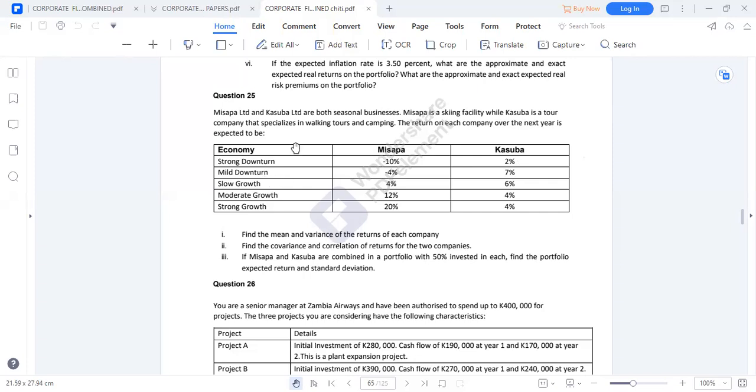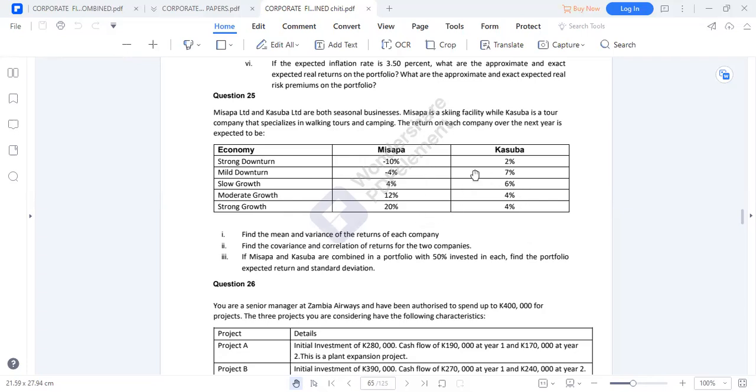Given a state of nature or the state of the economy: strong, mild, slow, moderate, and strong growth. Then we have two limited companies, Misapa and Kasuba. These are both seasonal businesses, so we want to calculate their expected returns.